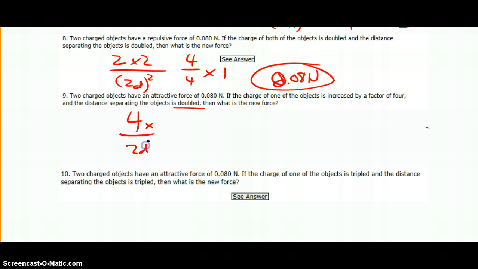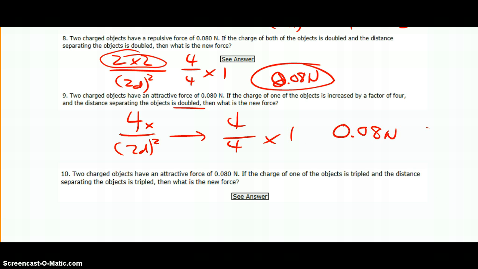So 2d squared. So that's going to make 4 over 2 squared, which is 1. So again, just like the one above. Now keep in mind, if I double both, they become 4. If I quadruple 1, then the increase is 4. So it doesn't matter which ones I increase. It's the overall net effect on their product. So we're still at 0.08 newtons.